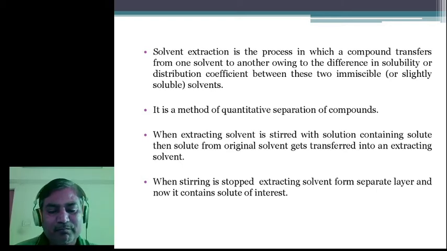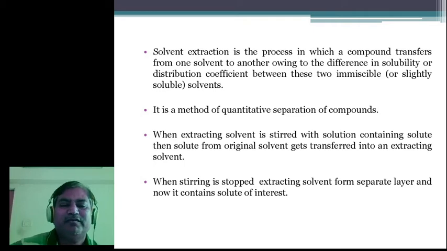The compound has a difference in solubility, or the distribution of this compound in the liquids is different, and hence each individual compound, when it comes in contact with two immiscible liquids, that is aqueous solvent system and organic solvent system, has a tendency to dissolve, to become soluble in the two liquids in a different manner.